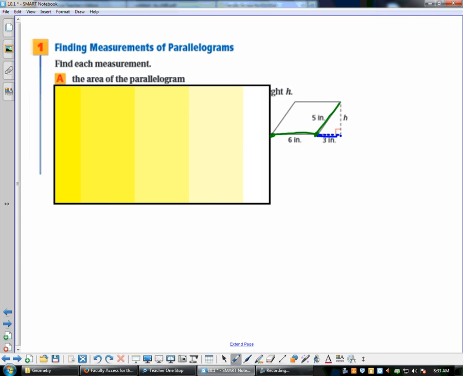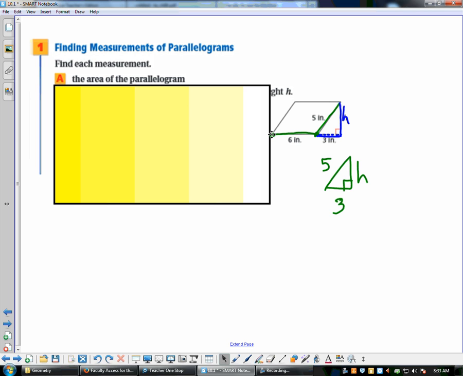All right, if this length here is 3, can we find this h here? Because this is going to be the height of our parallelogram. Hint, we better focus in on this right triangle right here. This right triangle had this side as 3, this side as 5, and we're calling this side h.